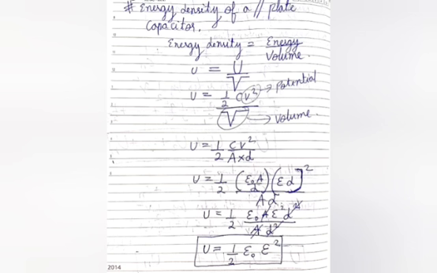After cancelling, as you can see I have done in the derivation, A is cancelled by A itself, and D square is cancelled by D square. So we are left with U is equal to half epsilon naught E square. This is the expression for energy density of a parallel plate capacitor.